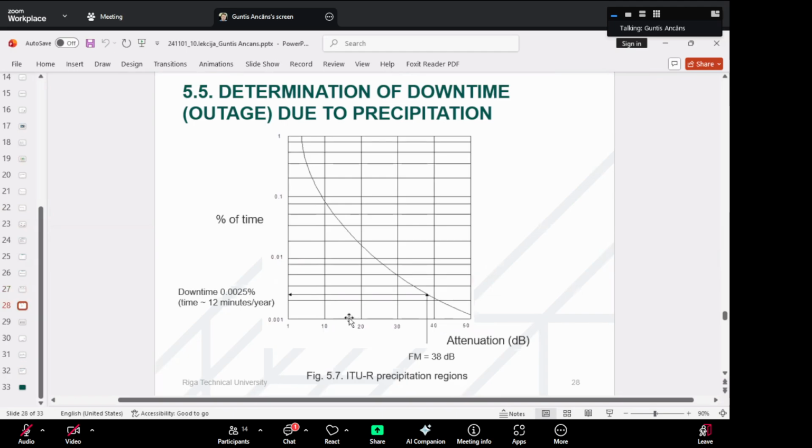That example is presented in this figure. So we have precipitation and the downtime is 0.0025%.